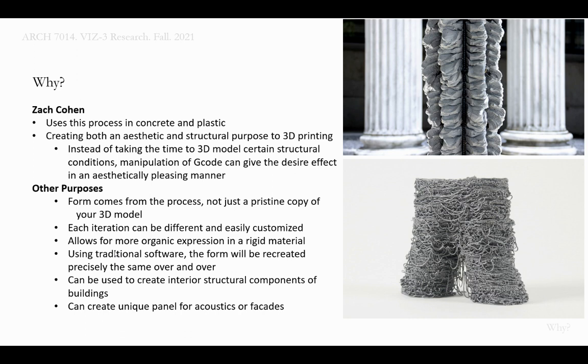And if you're doing something at building scale, like a panel, but you don't want them to all be the same, you want them to be customizable, each iteration can be run multiple times and get you different effects, which will all be very similar, but then again, they will all be very different. So there's a lot of customization that can happen within this.